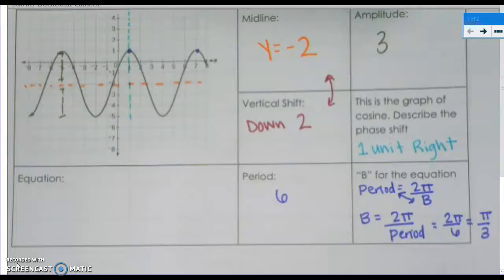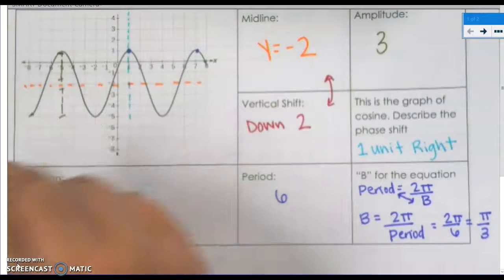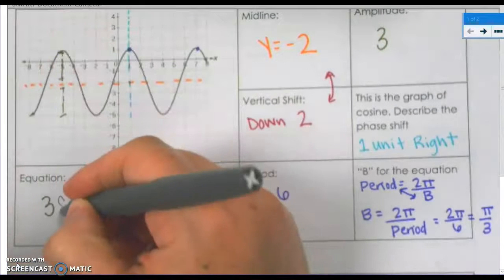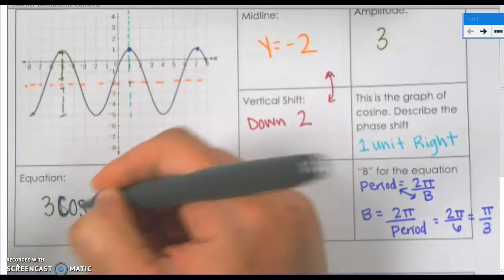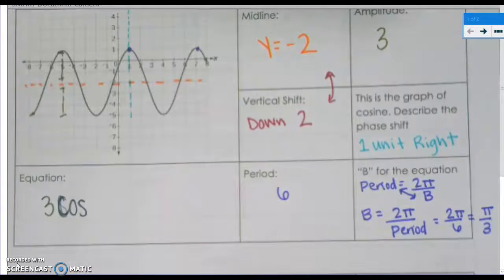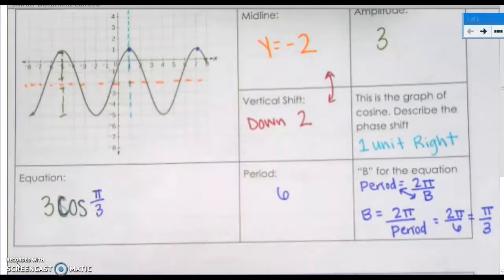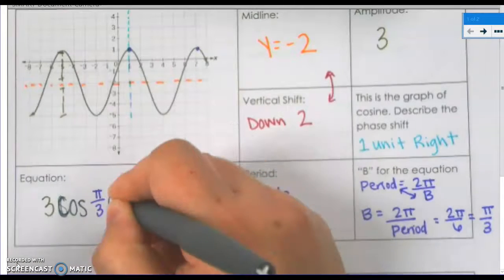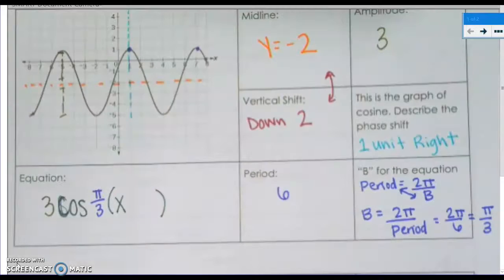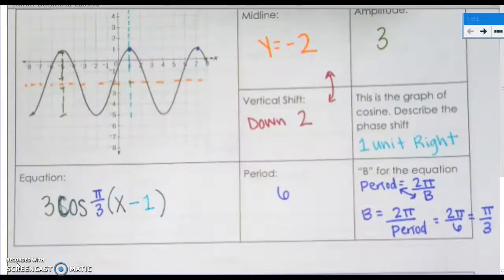So my final equation should say cosine. 3 cosine pi over 3. And because I do have that phase shift, that b should be on the outside of the parentheses, and my phase shift is right 1, so that will be -1.